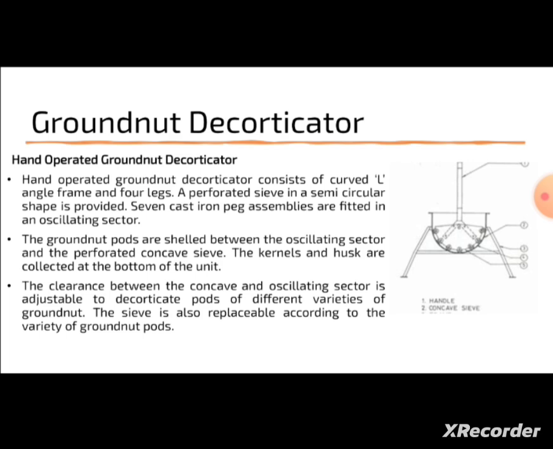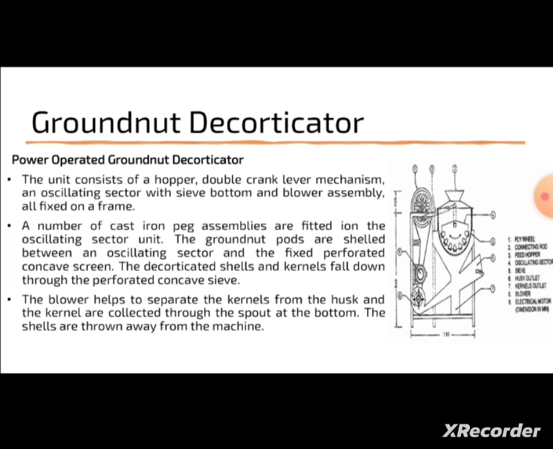This is the decortication, and this is the power operated decorticator. It consists of a hopper, double crank lever mechanism, and an oscillating sector with a sieve bottom and a blower assembly. Because of this double crank lever mechanism, we can get much more output compared to the traditional method.